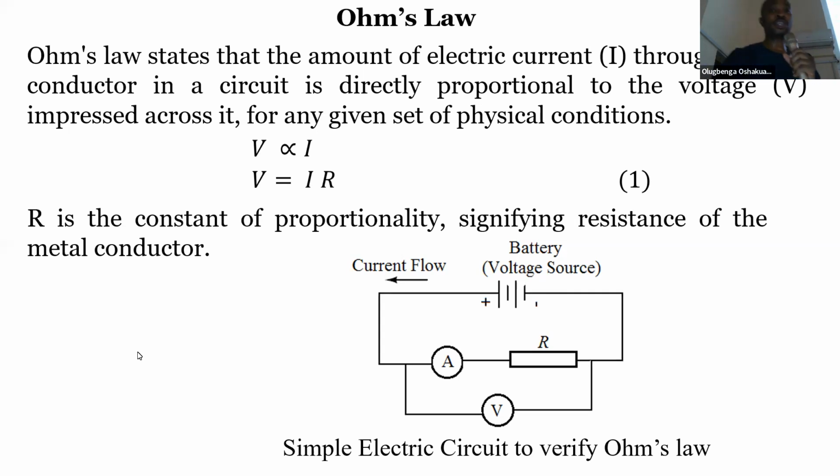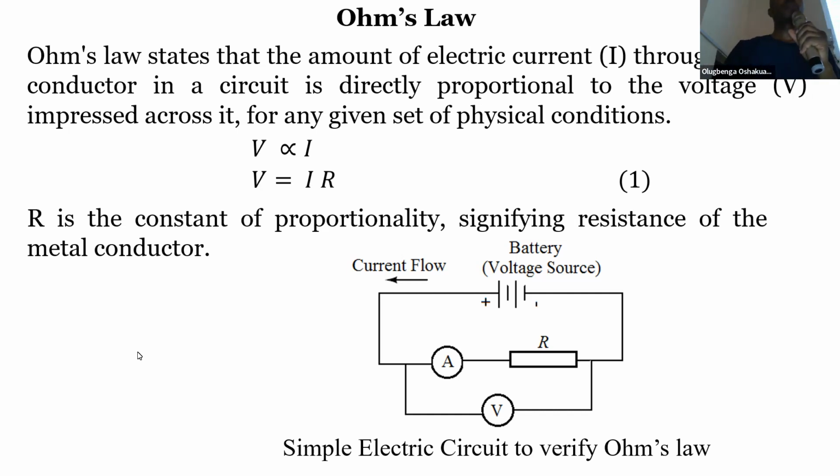Ohm's law says that the amount of electric current that flows through a metal conductor in a circuit is directly proportional to the voltage impressed across it for any given set of physical conditions.